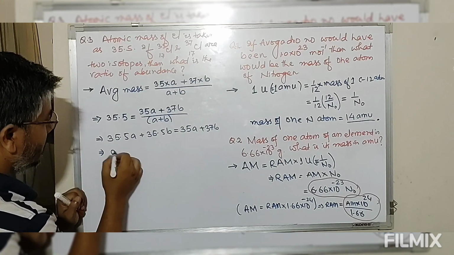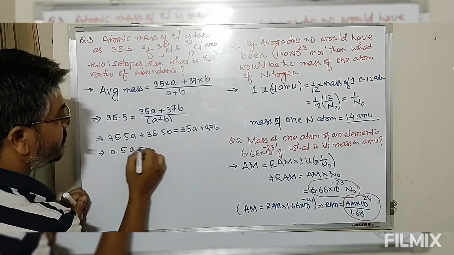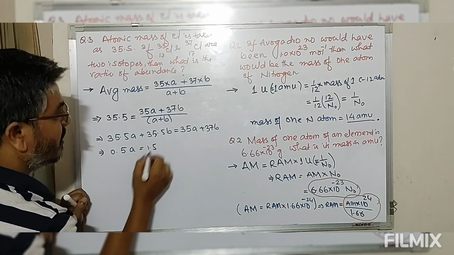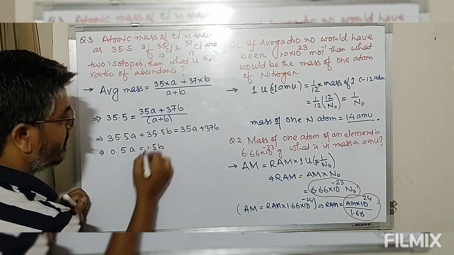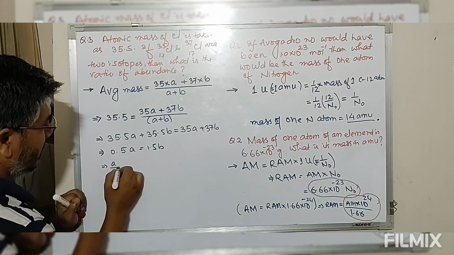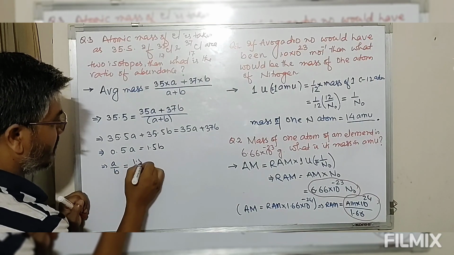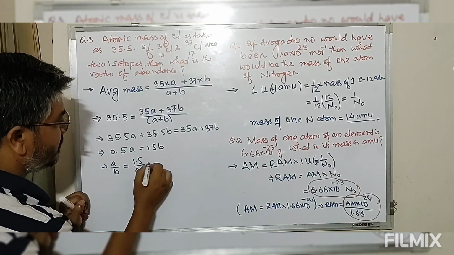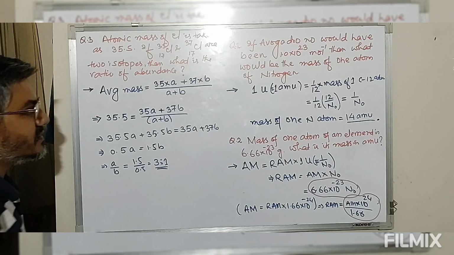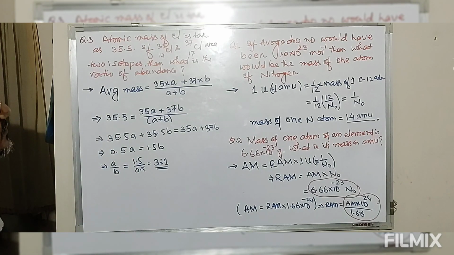Or we can write 0.5A, that is 35.5 minus 35, is equal to 37 minus 35.5, that is 1.5 times B. Therefore A by B, which is the ratio of abundance, is equal to 1.5 divided by 0.5, so this comes out to be 3:1. That means A is to B is the ratio, so we have to focus on this formula.